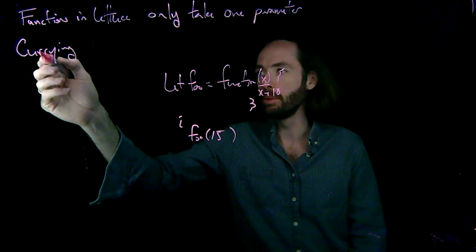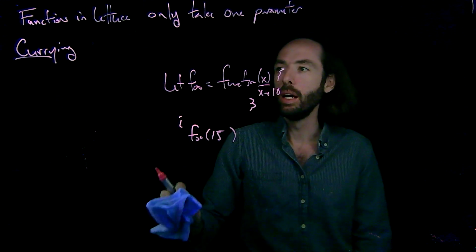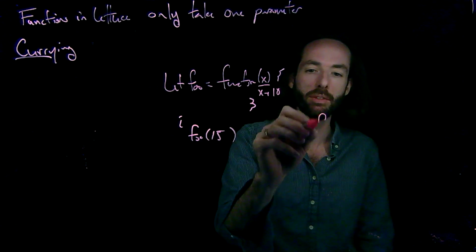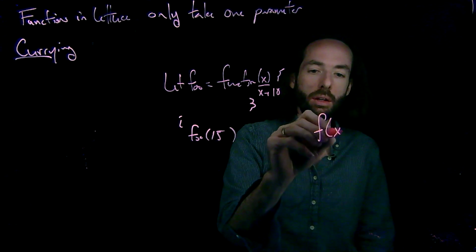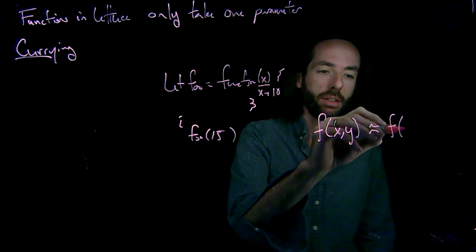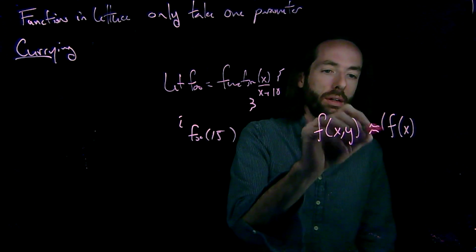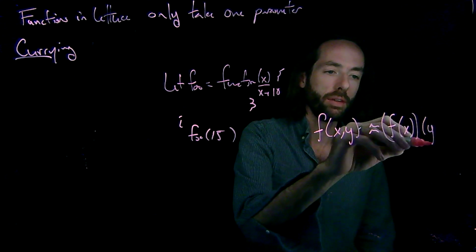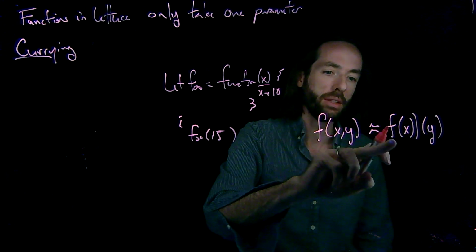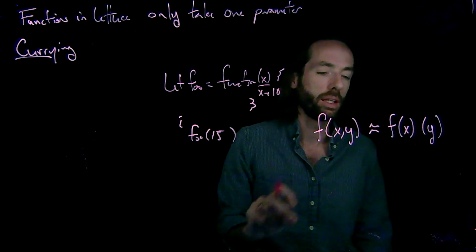This is named after the mathematician Curry, and it refers to the fact that it's basically equivalent to say if I have a function on two variables, x, y, I can somehow think of that as a function on one variable that gives another function on one variable. So if I get rid of these parentheses, I end up with something that looks like this.